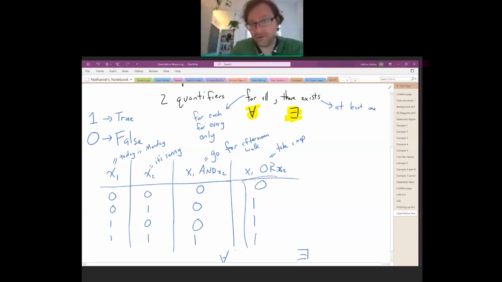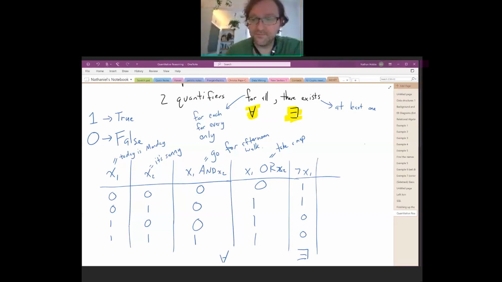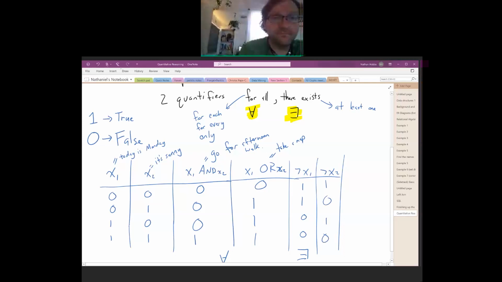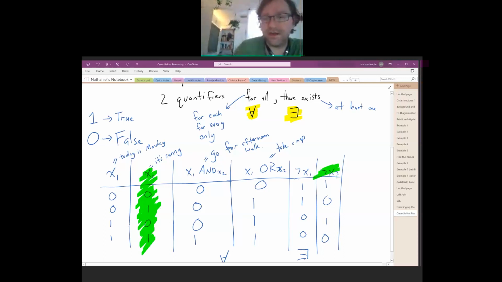This is it for the OR function. And for the not function, that's easy. Not x1: you just flip the bits. Similarly for not x2. So for example, here's x2, and so not x2 is this column.